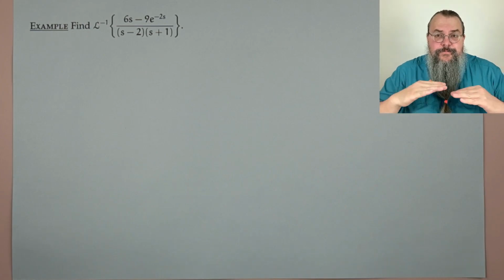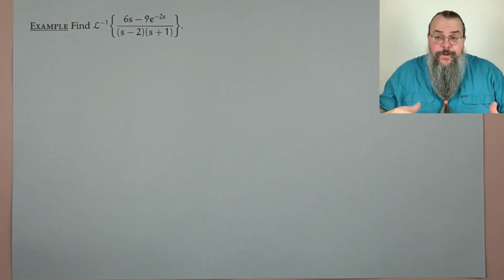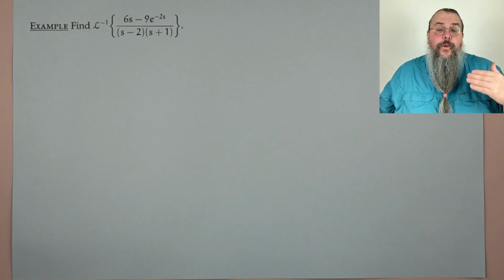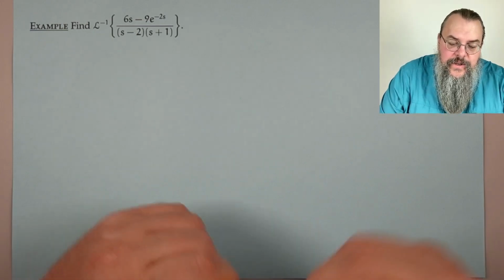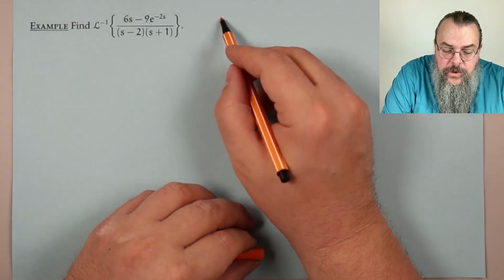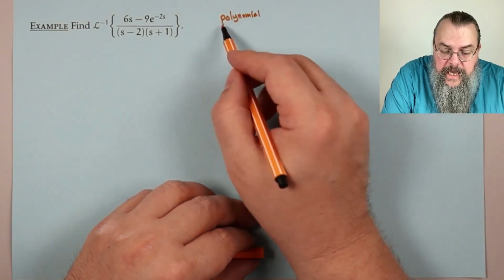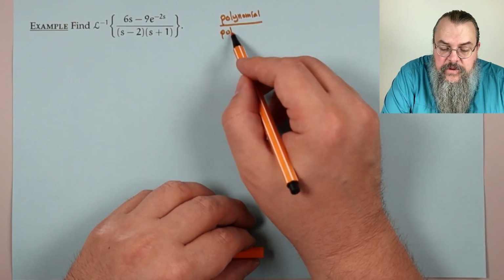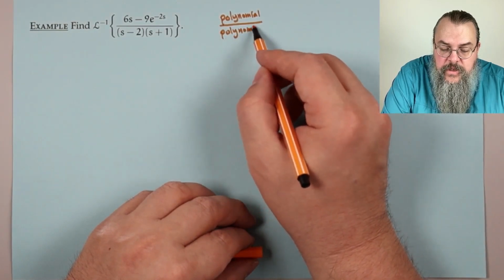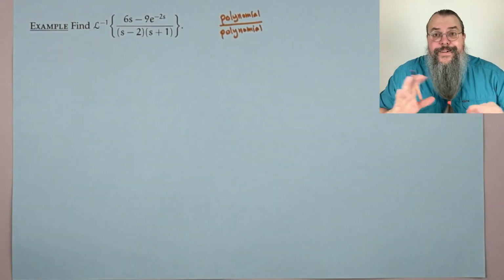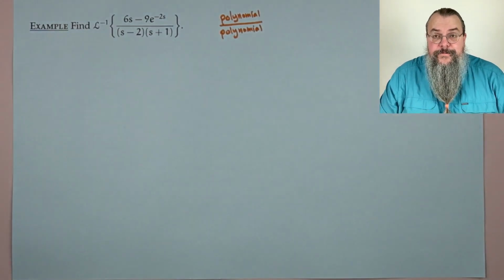So let me just point out something here. When can we do partial fractions? For partial fractions, we need polynomial over polynomial. It has to look like that. If it's not polynomial over polynomial, partial fractions breaks down.